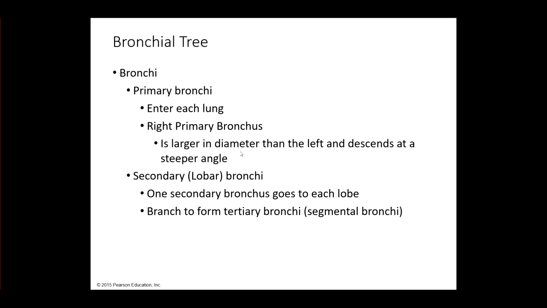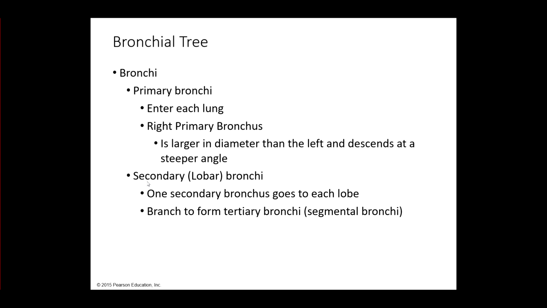So an aspiration is going to be more on the right side. Not that it doesn't happen on the left, but just anatomically, it allows for someone to aspirate more onto the right side. Okay, so the primary bronchus is going to be a left and a right. That's the main bronchus bringing air to each lung.